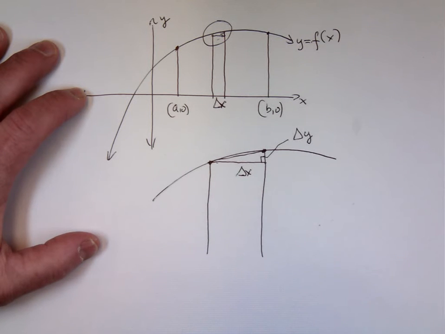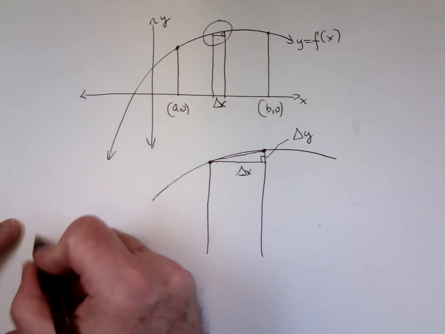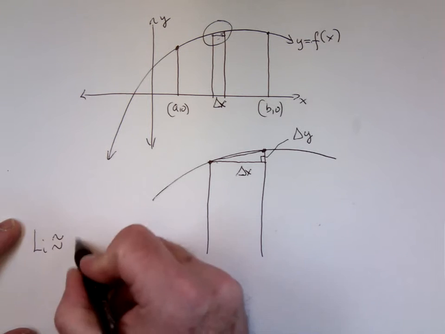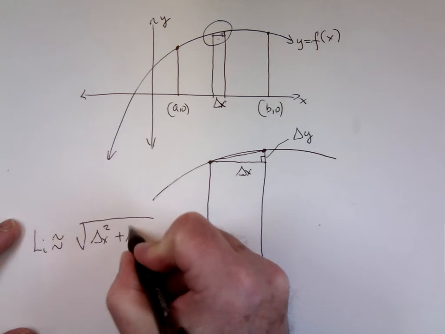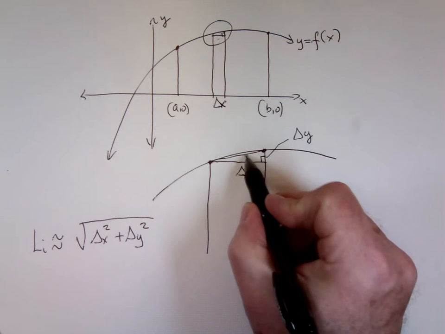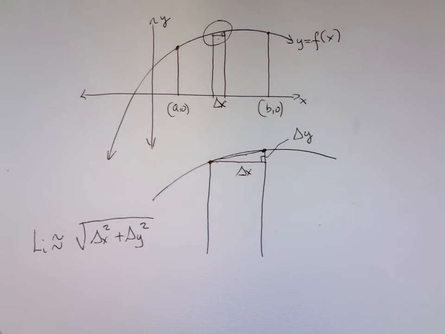So that arc length, I'll call it L sub i, is approximately equal to the square root of delta x squared plus delta y squared. That's the hypotenuse for the right triangle, and I'm going to use that as an approximation for the arc length over that interval.